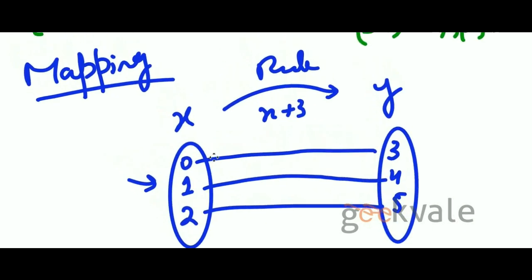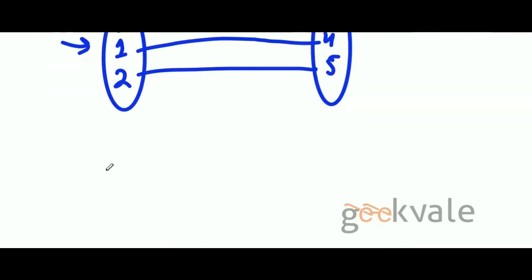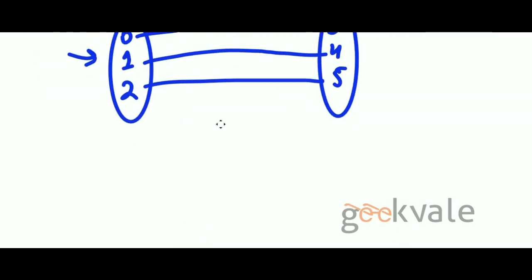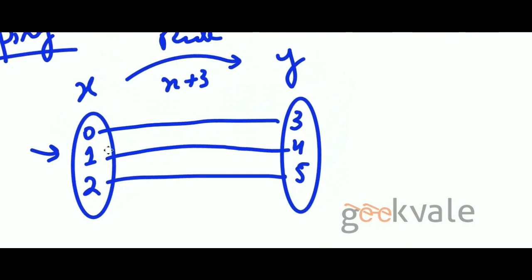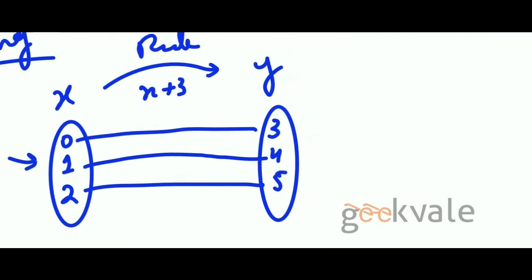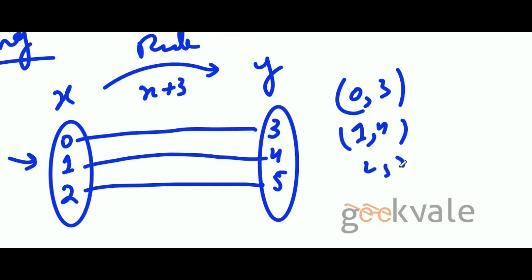And that gives us another very important definition of the function: the input is not repeated. When you look at this, you will see that every unique input has a unique output. If you write down the ordered pairs for this one, it will be (0, 3), (1, 4), (2, 5), right? As you can see, the input is not repeated. If I put that in words, the input cannot be repeated.